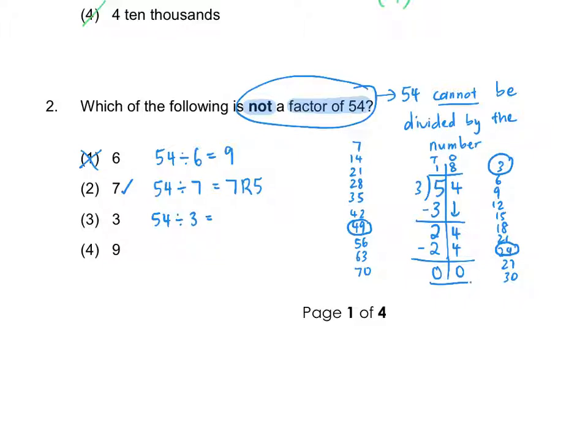So 54 divided by 3 is actually 18. It can be divided, so this is not the answer. Last but not least, 54 divided by 9 is actually 6. This is also divisible, so this is not the answer, and therefore the answer should be number 2.